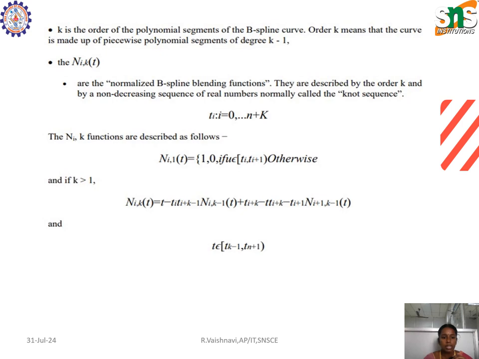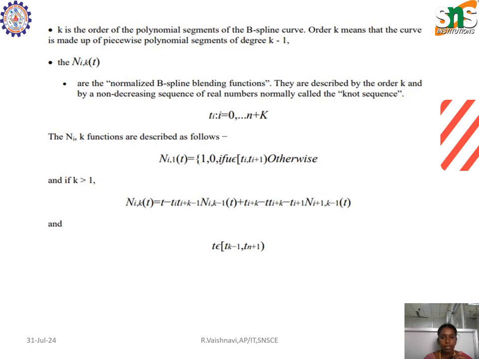Next, k is the order of the polynomial segments of the B-spline curve. Order k means that the curve is made up of piecewise polynomial segments of degree k minus 1, and Ni,k of t are the normalized B-spline blending functions.